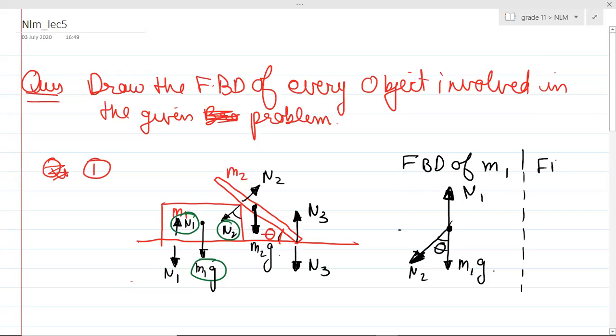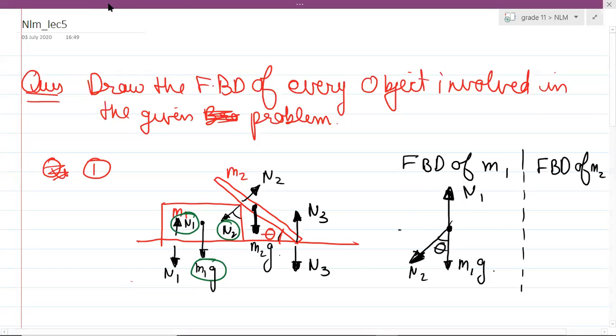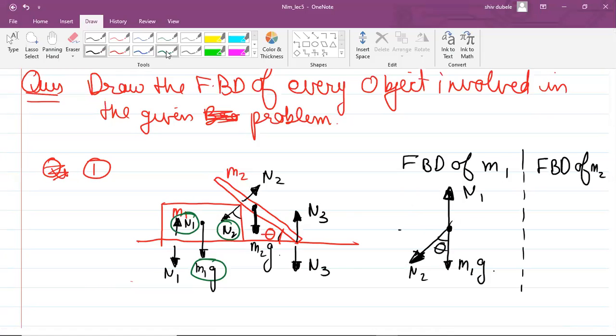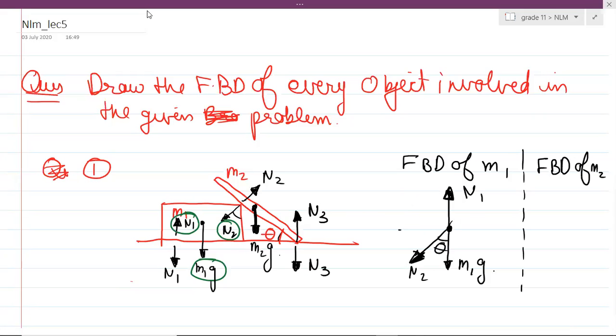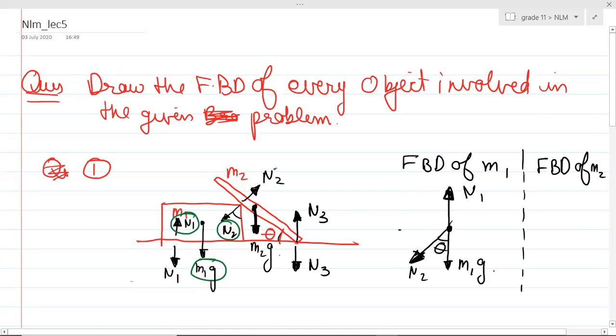And similarly, if I want to draw the free body diagram of M2, what all forces are acting on M2? I will draw them with, let's say, blue. So this N2 is acting on this block, this N3 is acting on this rod, this M2G is acting on this rod. So can you see the blue ones are acting on the rod.